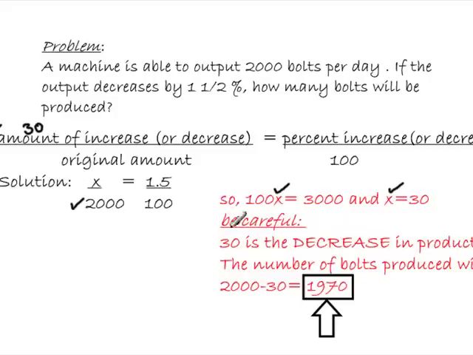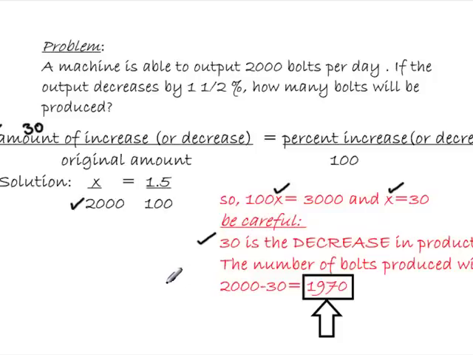So normally if I start with 2,000, 30 is the decrease in production, the number of volts produced will be 2,000 minus 30, which is equal to 1,970. What that last part is about is you've solved the problem and you have to think about your answer, if your answer makes sense. Is that what's wanted for the answer in the problem? And the answer is no.